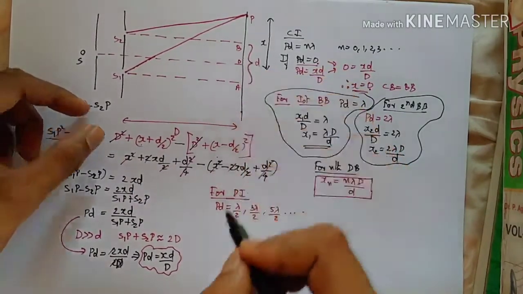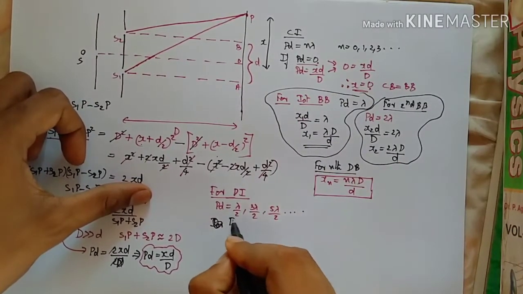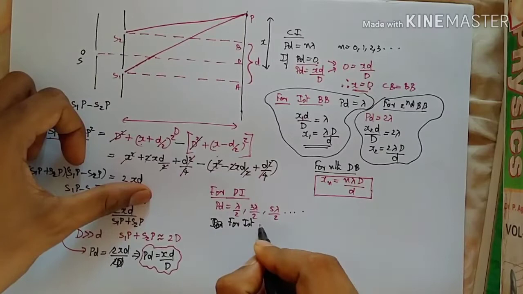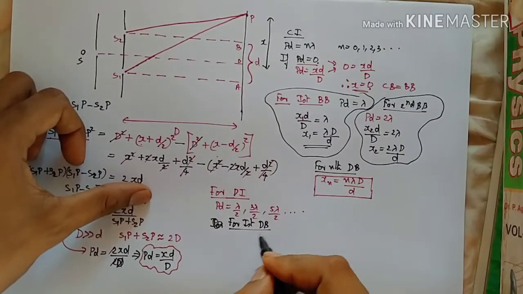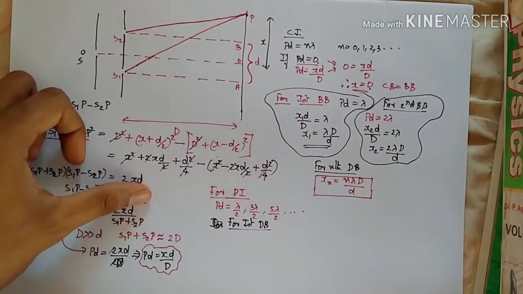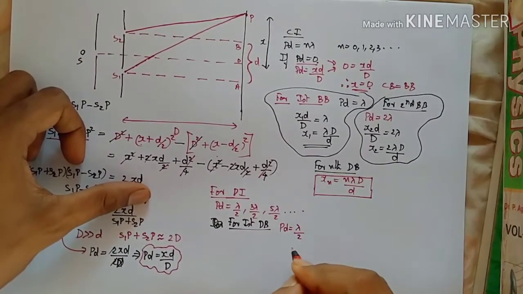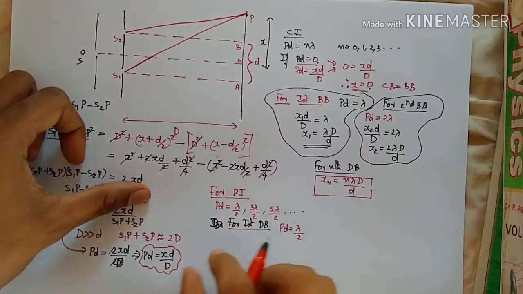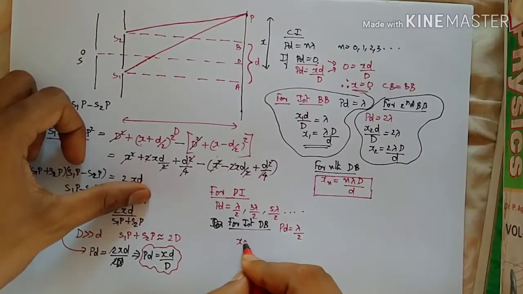Therefore, I am writing for the first dark band. For the first dark band, the path difference should be lambda by 2. And if I am formulating the equation with the standard path difference expression, I will write xd by D is equal to lambda by 2.